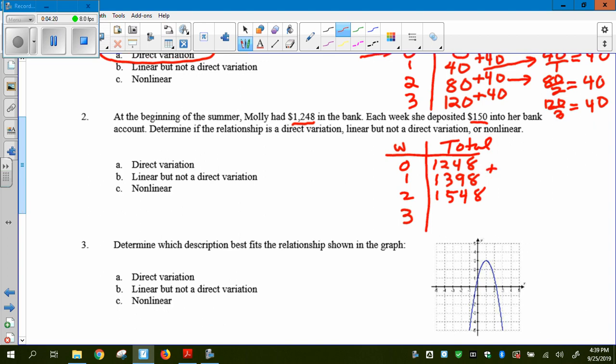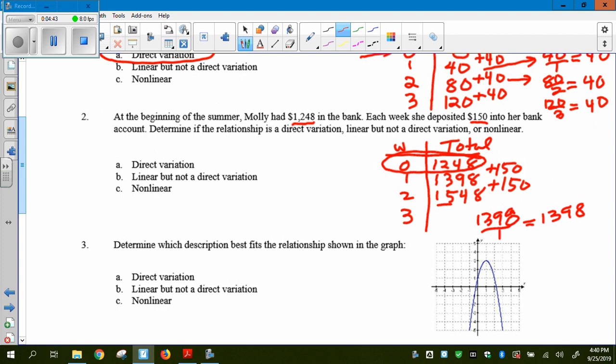Now, since she's adding 150 every week, that makes the situation linear. But since we're not starting at 0, 0, and you could check this out, if you divide 1,398 by 1, that equals 1,398.